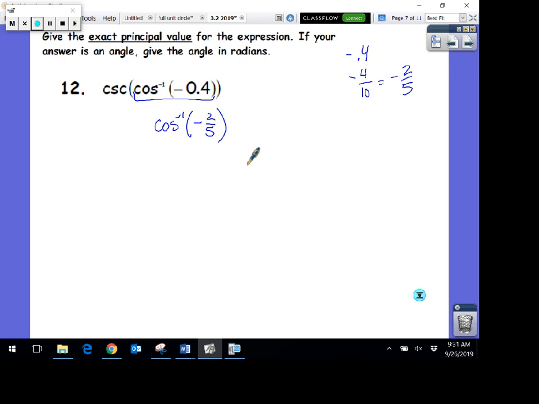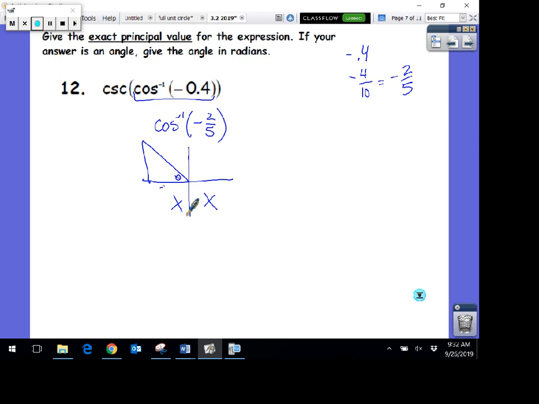If it wasn't a possibility, we'd be done, undefined, if those were flip-flopped, because the hypotenuse can't be smaller than a side. So we're looking for an angle in the correct quadrant. 1 or 2 are our choices. Because it's negative, we draw our angle in quadrant 2, and remember our angle is always attached to the origin and the x-axis.